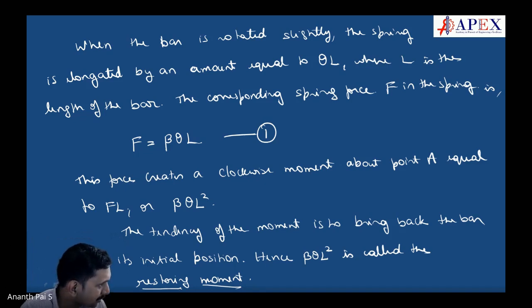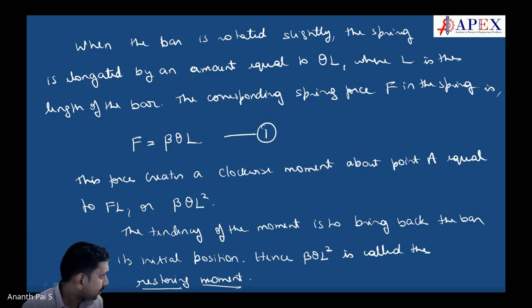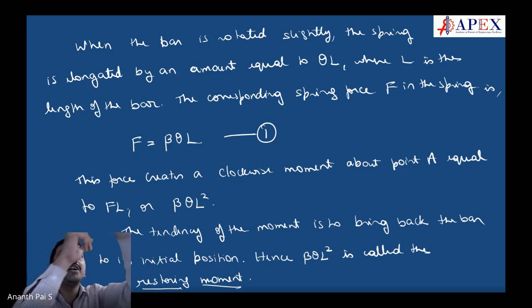GM is very important. Yes or no? G and B, that distance is very important, right? So that restoring moment is very important, where it acts across the metacenter. That metacenter is the point where it acts.